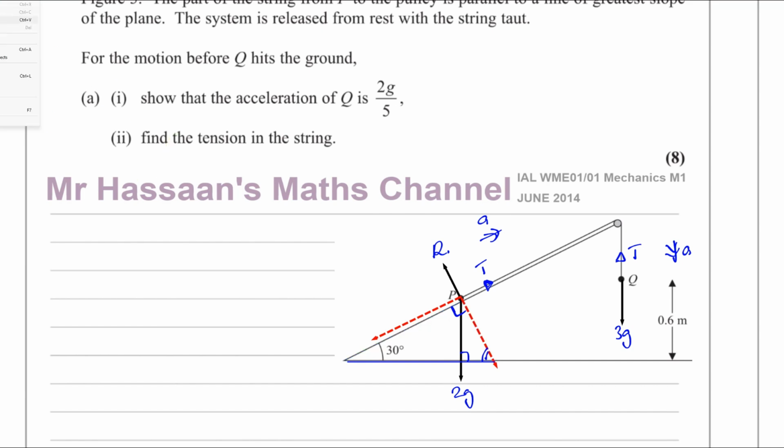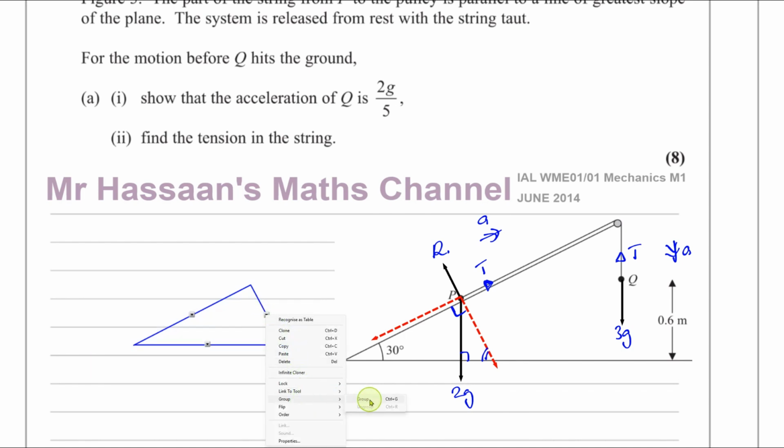Okay, I forgot that part, no problem. I'll paste it over here. Okay, so that's that triangle over there. So this angle is 90 degrees, and this angle is that angle in the corner.